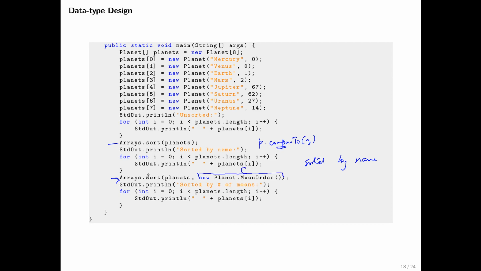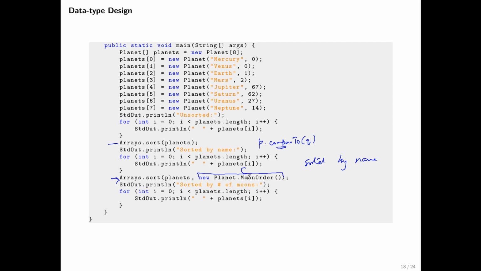When you make a call to this particular version, then the array need not be an array of comparable objects. It could just be an array of objects. But if you do that, then you need to tell sort how two things from this array are going to be compared. And the way we do that is by specifying a comparator object.